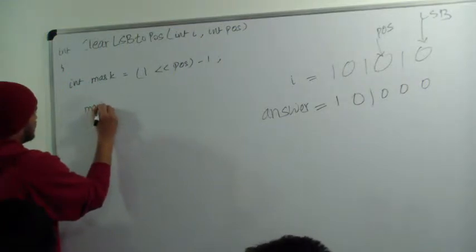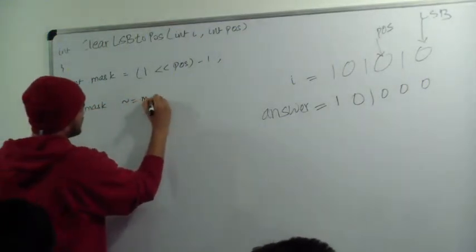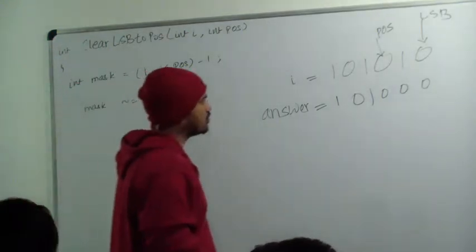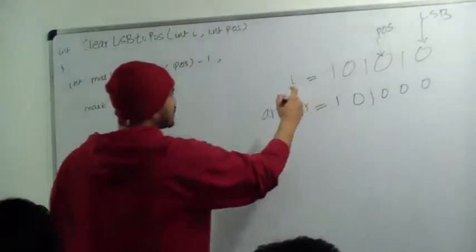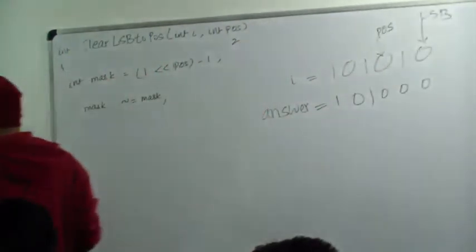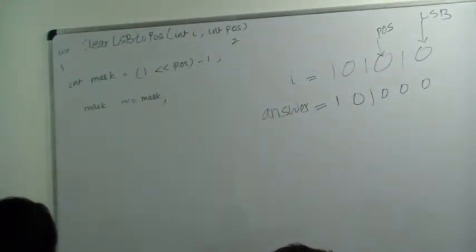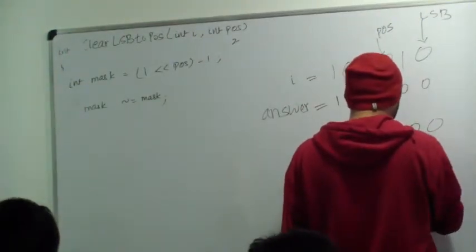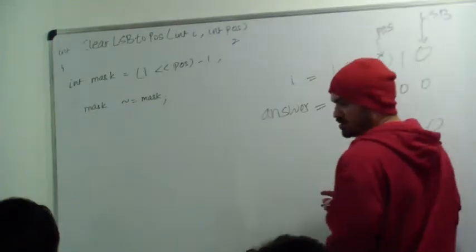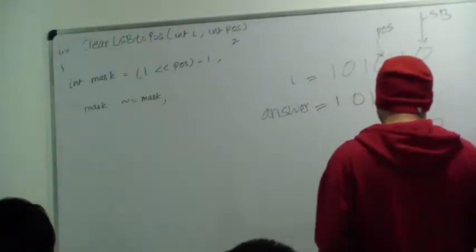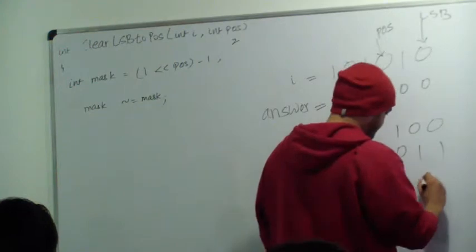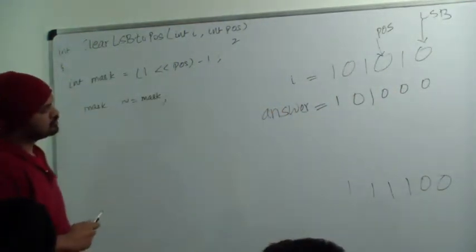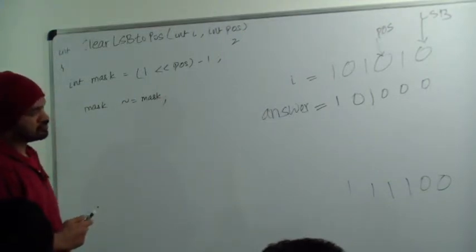So mask, negation of mask. So your position is 0 1 2. So you have 1 0 0. You make it 0 1 1. Now you are negating it. So all ones. So we need to make it position plus 1. Position plus 1, please.